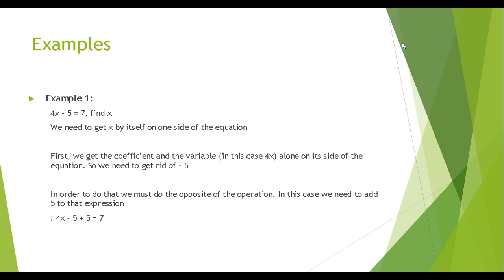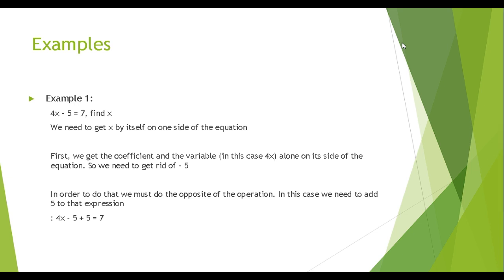So we need to get rid of the minus 5, because realize that 4x minus 5 is on the left side of the equation, and we need to have 4x all by itself. So in order to do that, we must do the opposite of the operation, right?